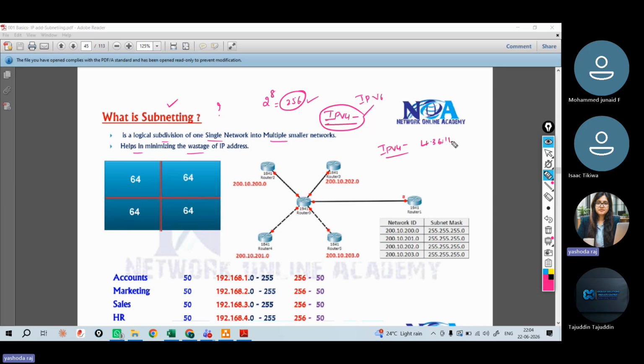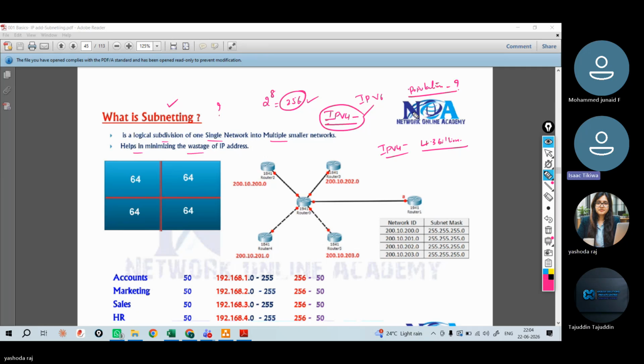4.3 billion IP addresses were available. How many is the total IPv4 addresses? But what is the world population today?